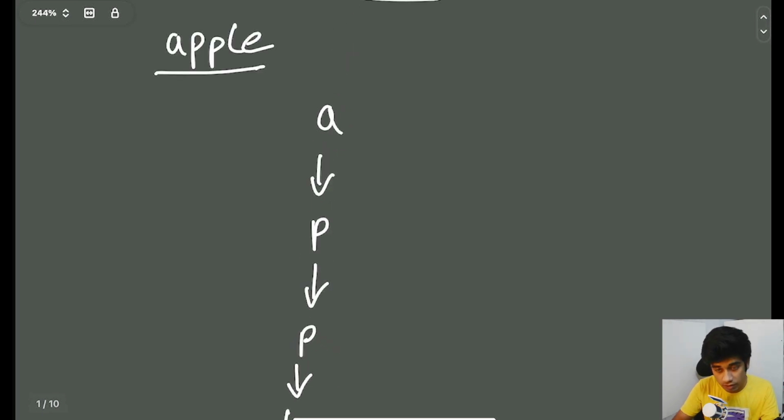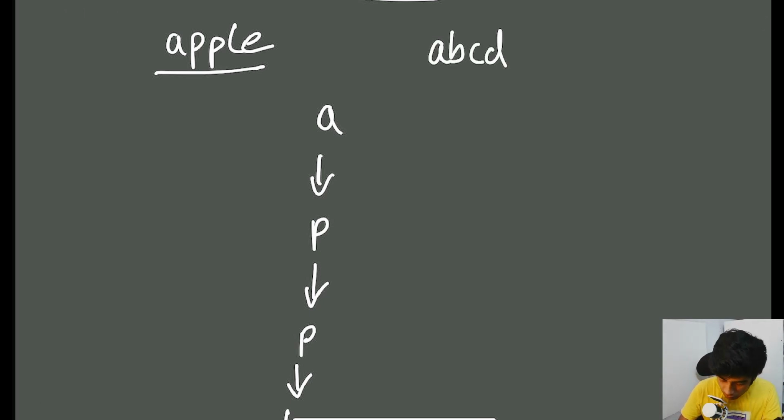Now let's say I have another word that comes in and the user inputs maybe A, B, C, D. Now how do you think this is stored? If you see, I already have A here, so I don't need to insert A again. That's sufficient.